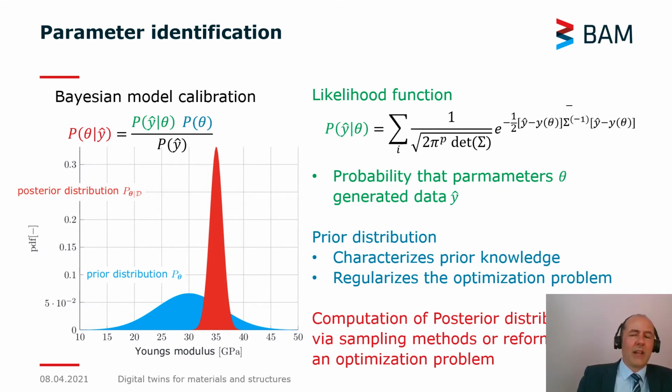The advantage here is that you can take into account measurement accuracy, and you can take into account the uncertainty afterwards in performing, for example, a reliability analysis. So you don't only compute the performance of a structure, but you can compute a distribution. So how probable is a certain value?